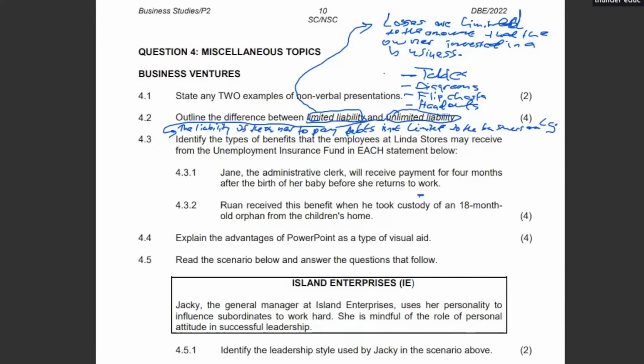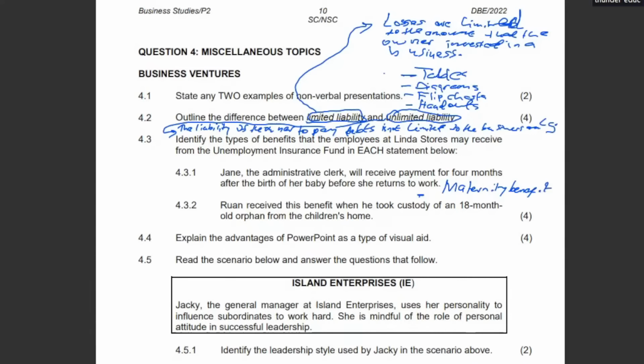So now, the first one, 4.3.1, says Jane, the administration clerk, will receive payment for 4 months after the birth of a baby before she returns to work. So this is nothing but maternity benefit. Okay, right.